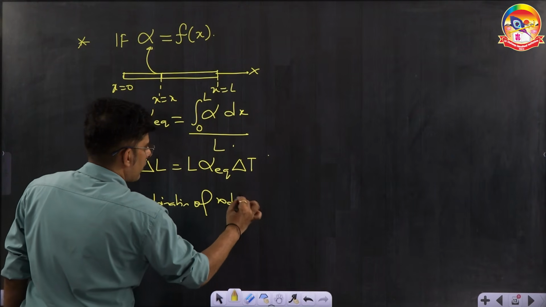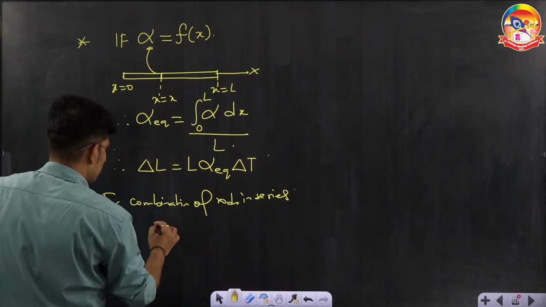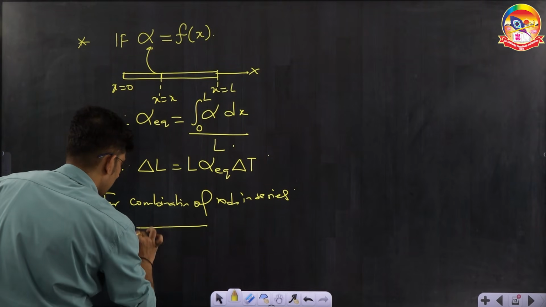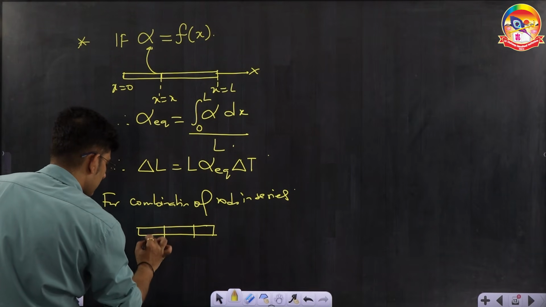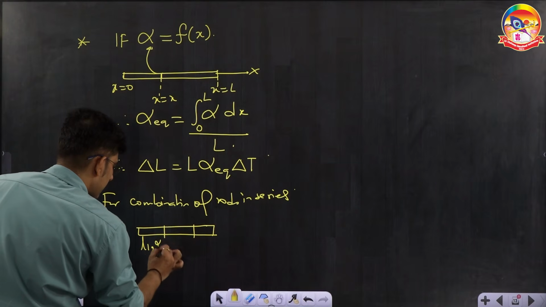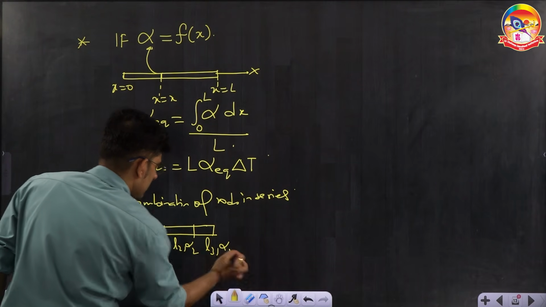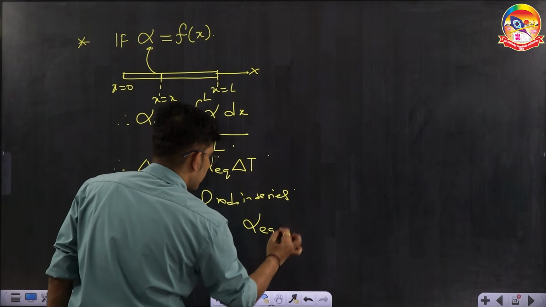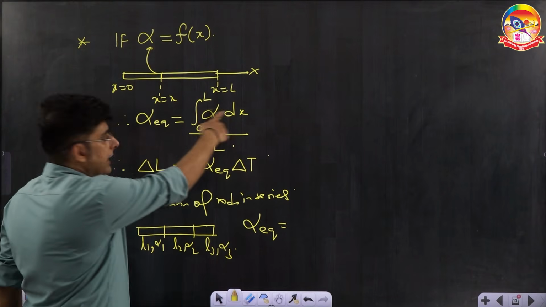And if you use this for a combination of rods in series, for example, we have L1 alpha 1, L2 alpha 2, L3 alpha 3. So this same formula which you wrote in integration, you will just write as multiplying alpha with length.